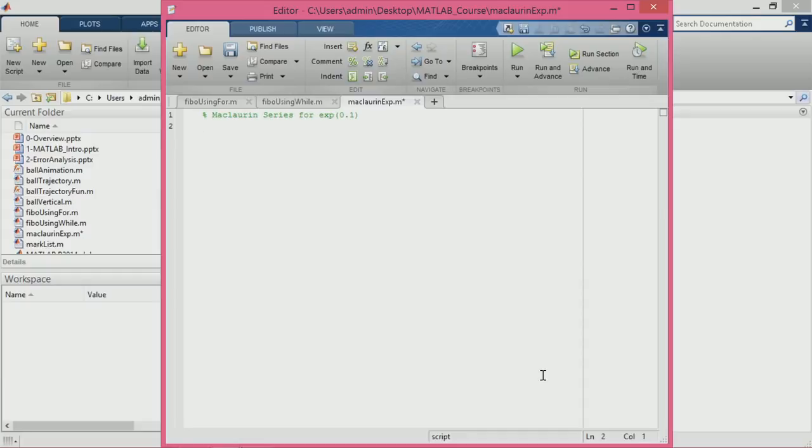Okay. So, let us look at the Maclaurin series with different numbers of terms. So, let us say we want to look at terms up to n equal to 5. So, we will say n equal to 5, our value of a was 0.1, okay, and the result, let us call this exp val equal to 1.0.